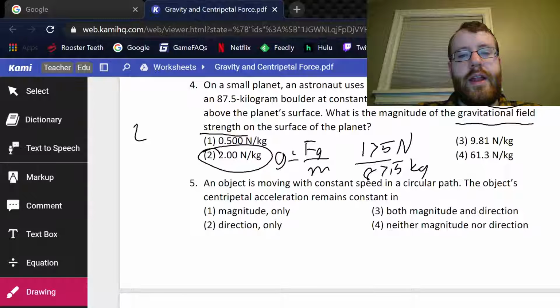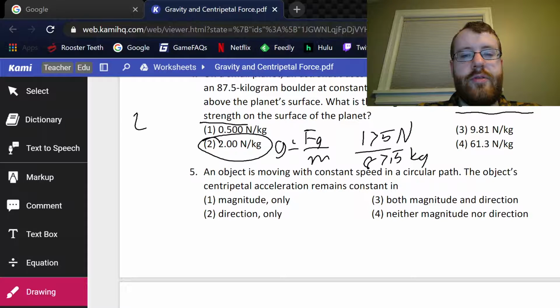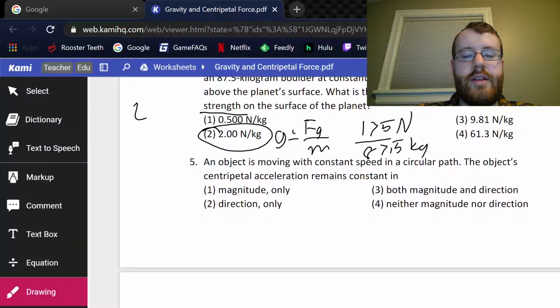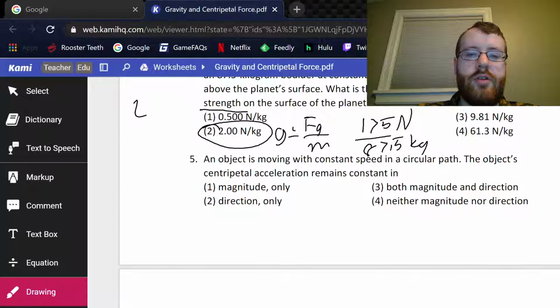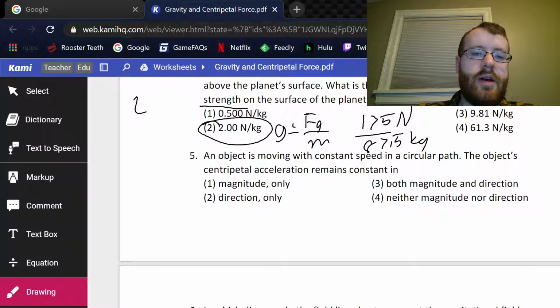For an object moving in a constant speed circular path, the centripetal acceleration is constant in magnitude. The acceleration is not changing. However, the direction is. For example, if I was to draw a circle, if the object's over here, the acceleration is pointed to the left.